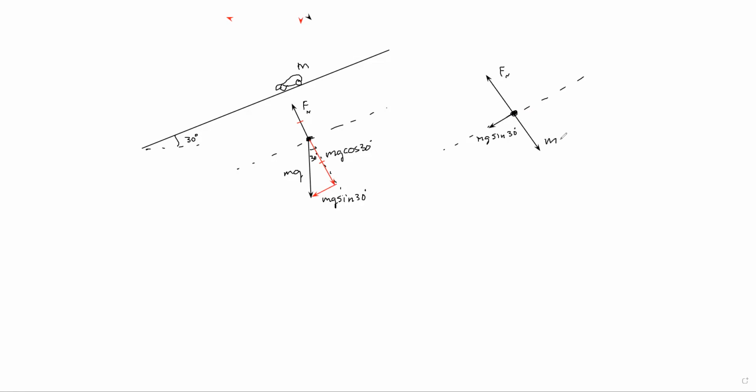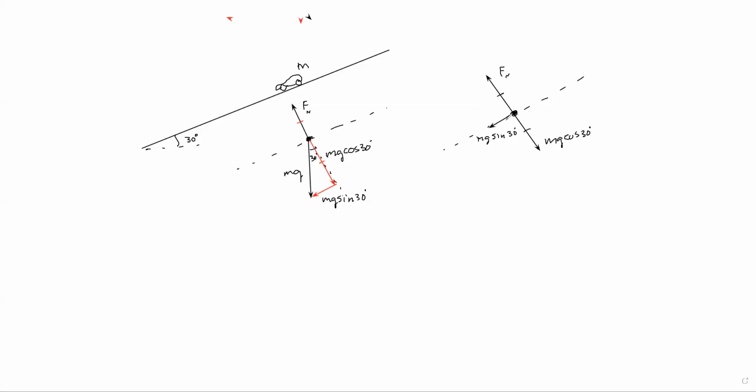And this over here is going to be mg times the cosine of 30 degrees. We can see that this is going to equal the normal force. But these two will be the same magnitude. So there's no acceleration in the y direction because those have the same magnitude in the opposite direction.